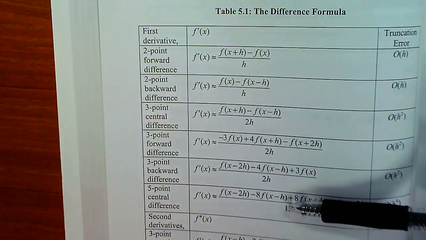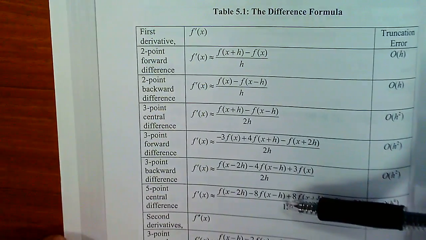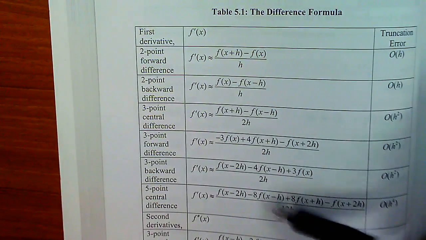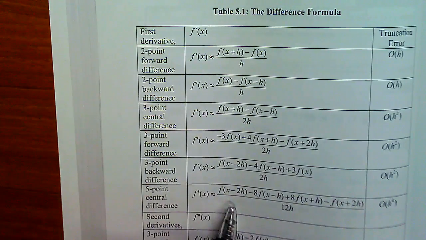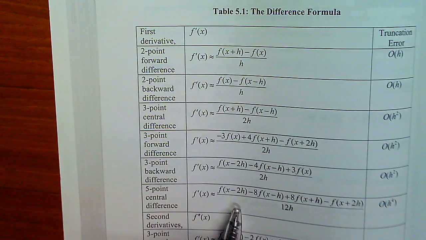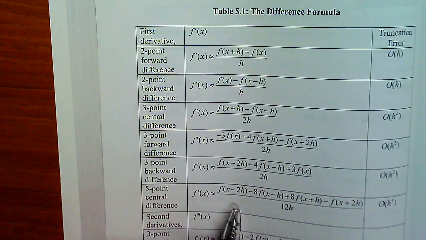It depends on the data that you want to use. Of course, the more data you use, the accuracy will be better in most cases. So it depends on the question which method you should use.